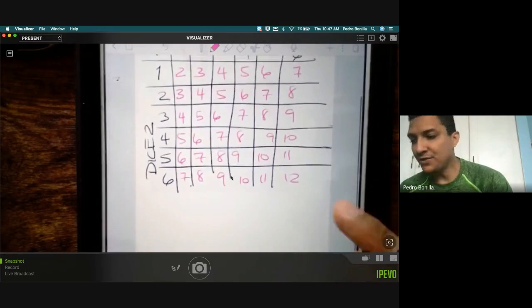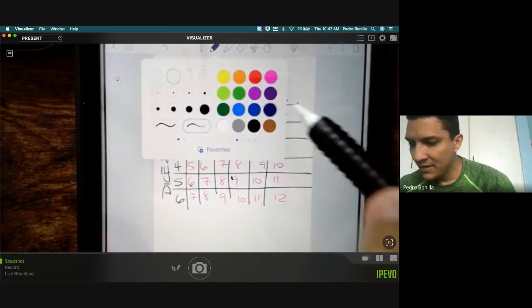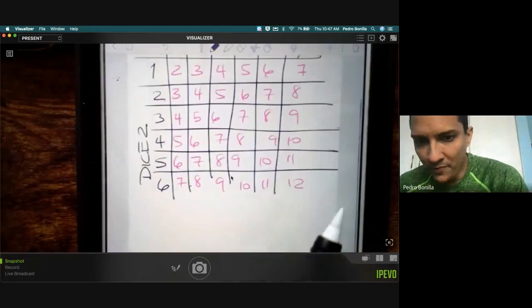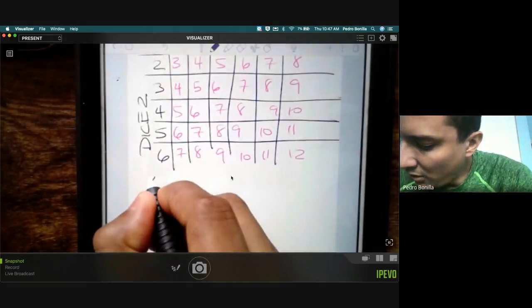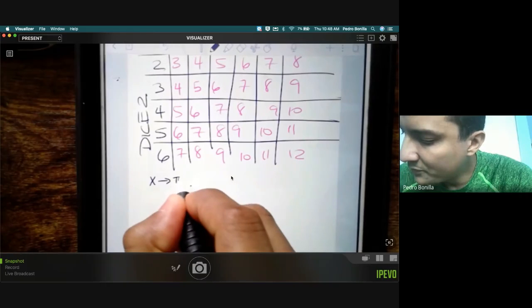Now we are ready to answer the questions that are given there. So the first question says, what is the probability of getting an 8? In this case, normally in probability, we call x the result.